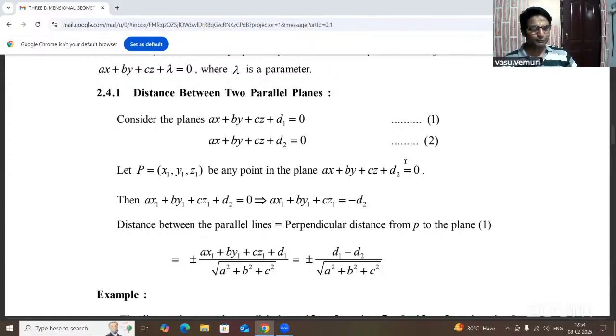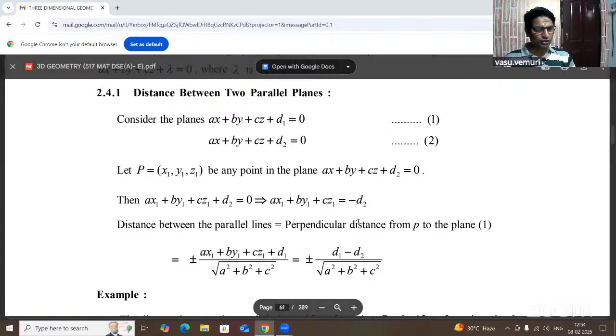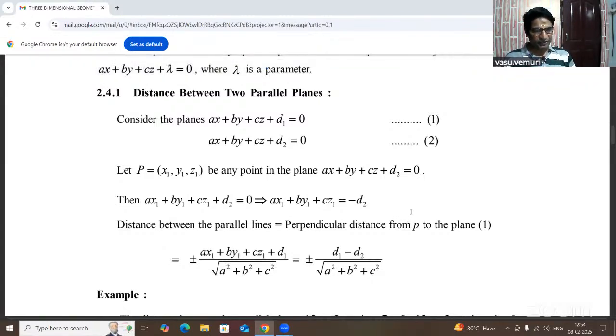So that is a simple expression. The distance between the parallel planes equals the perpendicular distance from a point to the plane, first for the first equation and then for the second equation. The same point x1, y1, z1 is substituted in both planes, and we get different distances.